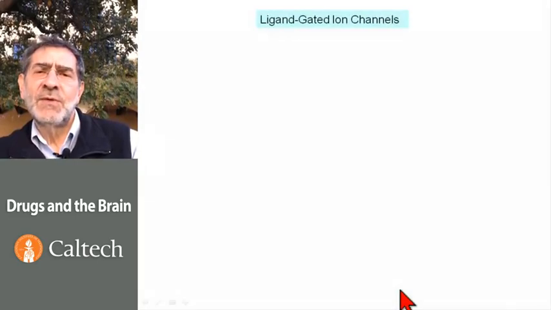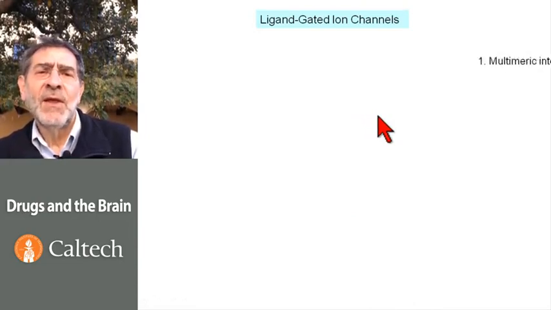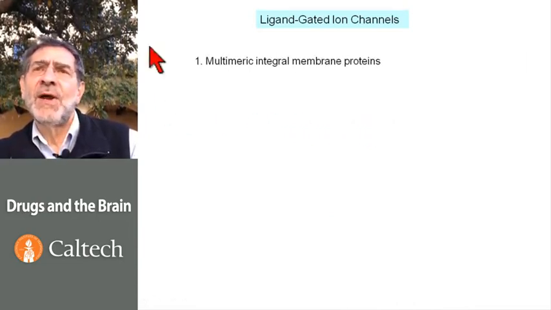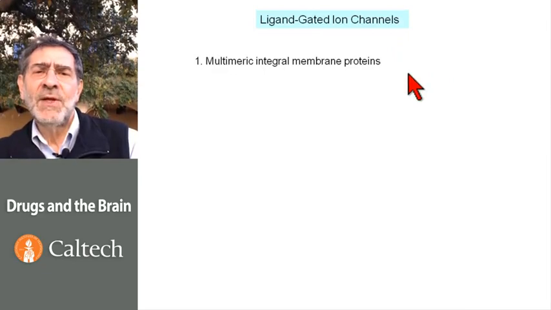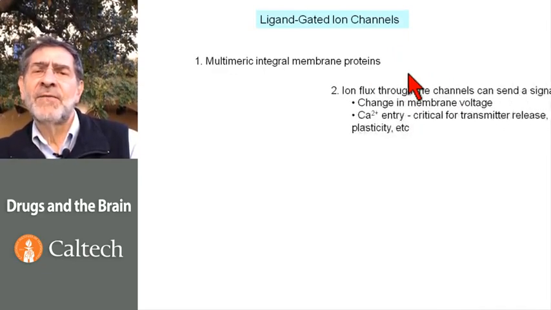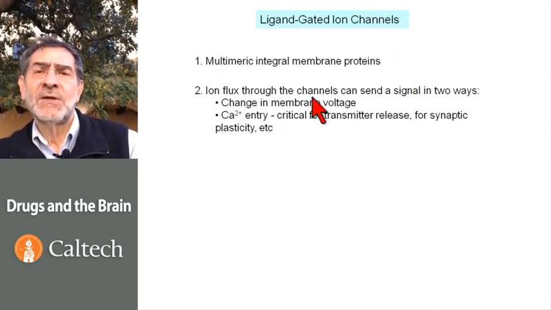Moving on to ligand-gated channels, we're going to talk about the timing of their activation today, reminding you that they are multimeric integral membrane proteins, that ion flux through these channels can send a signal in two ways: a change in the membrane voltage or calcium entry.